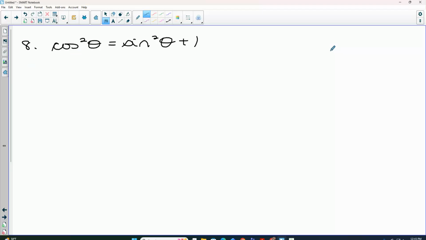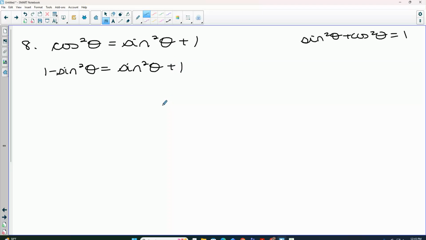Those Pythagorean identities. We had that first one, sine squared theta plus cosine squared theta equals 1. So that means I can replace my cosine squared with a 1 minus sine squared. So if I solve this, I can subtract my 1 over, that cancels. Add over my sine squared theta.